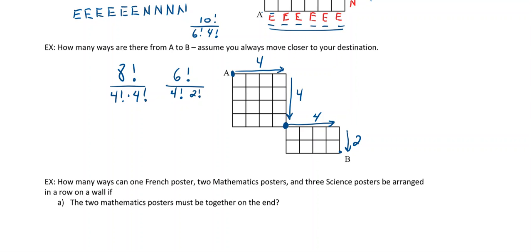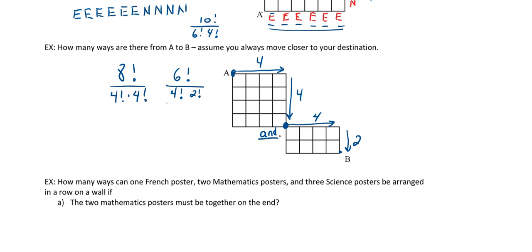Now, what do we do with these 2 numbers? Because these are just numbers, right? That's a number and that's a number. Well, in this case, if you think about it, this is an and situation. Because we're going to go from A to here, so it's this and this, right? They both need to happen. Now, if these blocks weren't connected, if they just said how many possible ways are there of this block or this block, then we would add them, right?